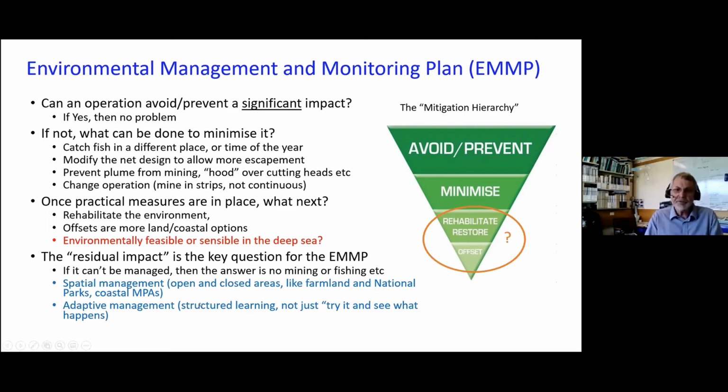The other element is adaptive management, where if you don't know enough, you just take things quietly, you make sure that as you develop, you've got a structured learning process in place. This is not just to try it and see what happens. This is very much a planned learning process as you start your exploitation with a lot of rules and stop points in place.